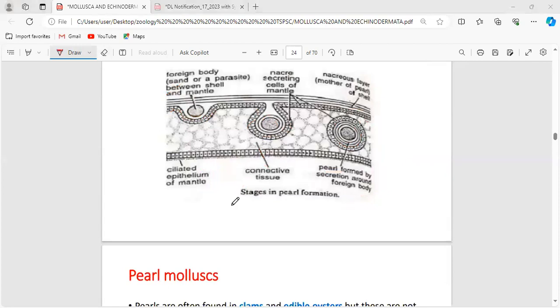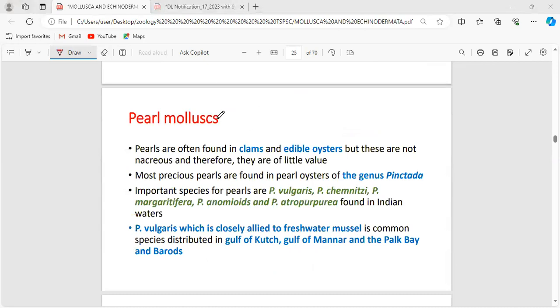Okay, good, fine. Now, pearl mollusk. It is often found in clams and edible oysters, but these are not nacreous and therefore they are of little value. After formation of the pearl, the mantle tissue will not disappear.